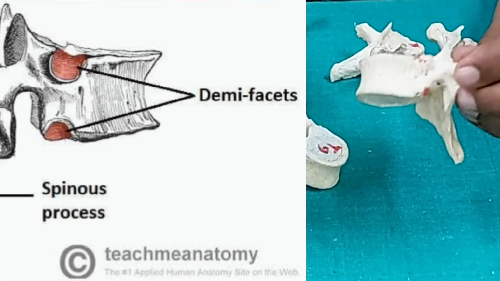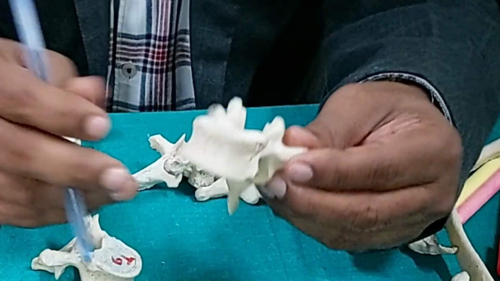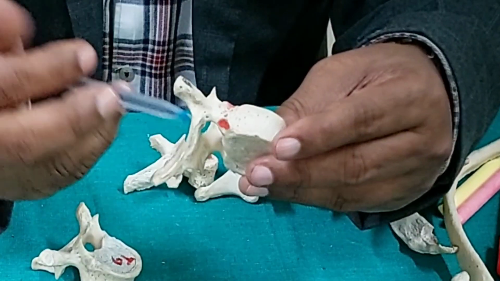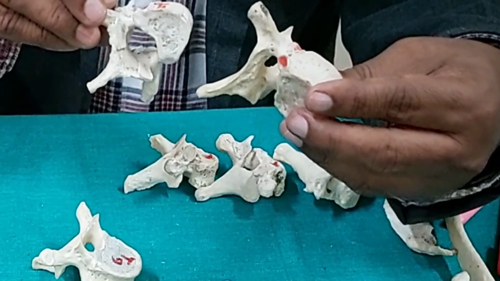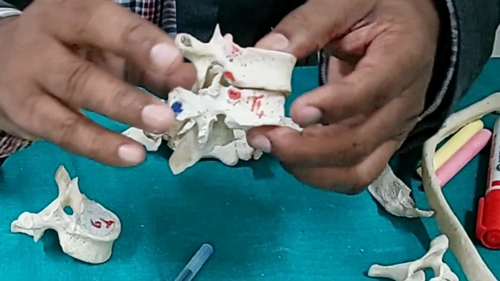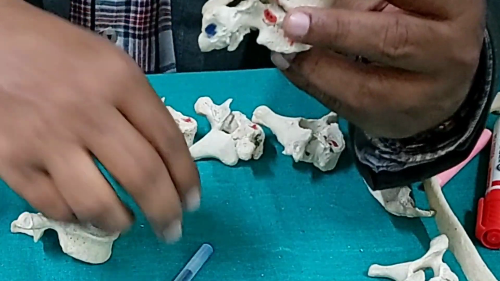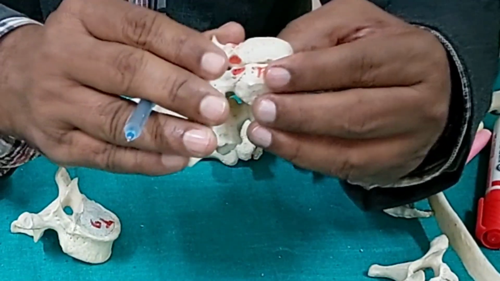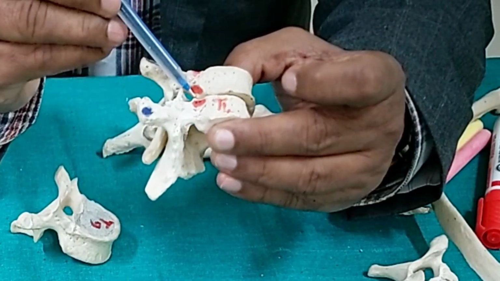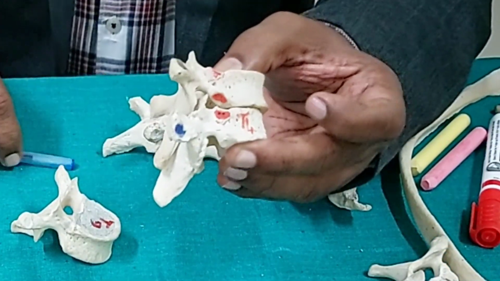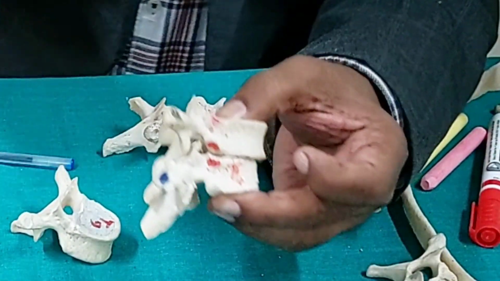On each side you will get the demi-facets. When this vertebra articulates with the vertebra below it, the demi-facet of this vertebra and the demi-facet of the lower vertebra together articulate with the facet on the rib.